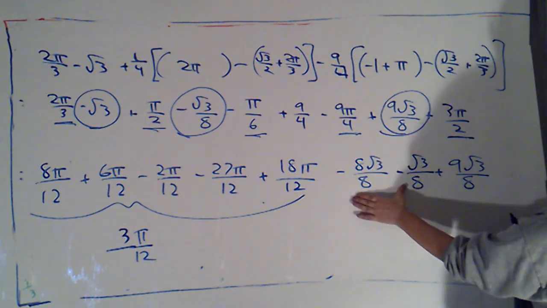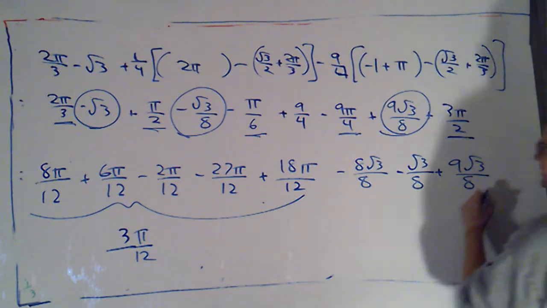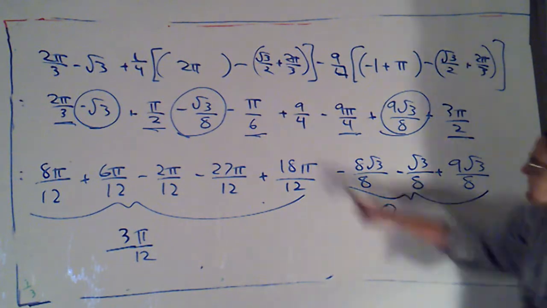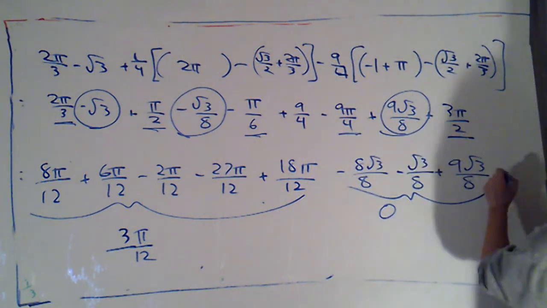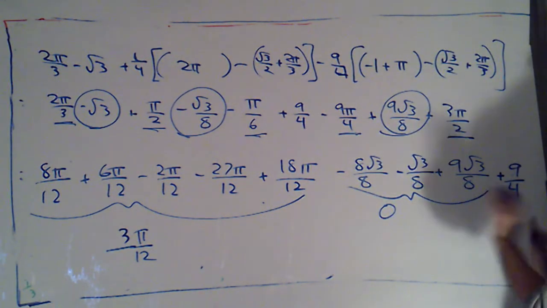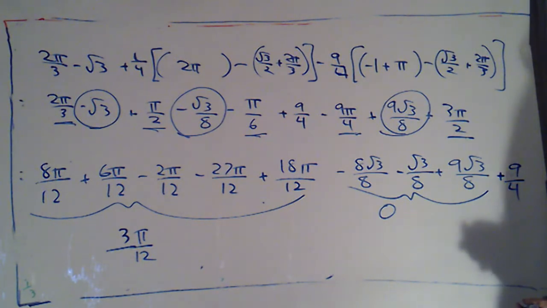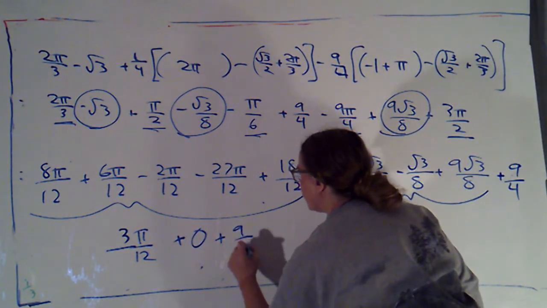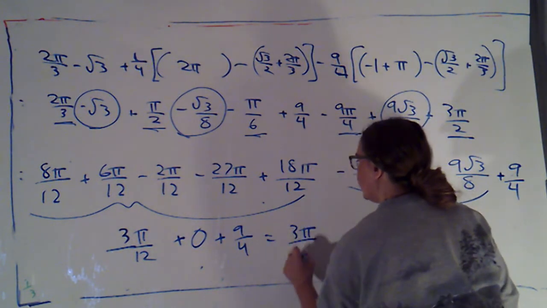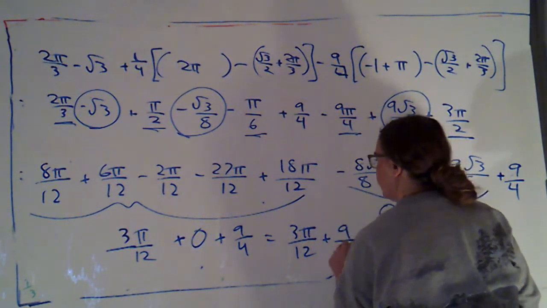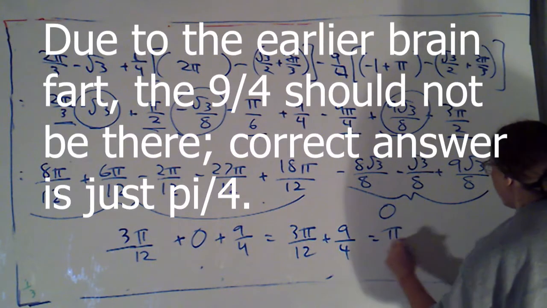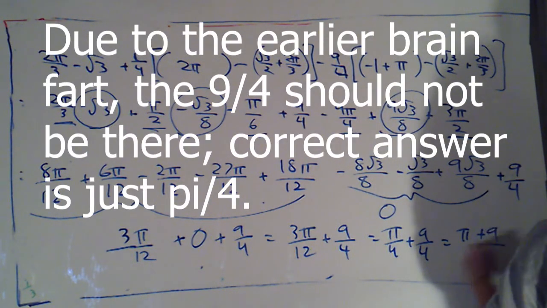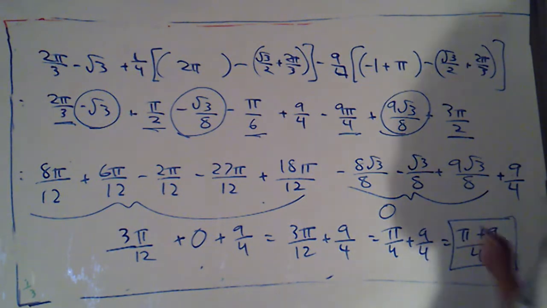That's minus 9 root 3 over 8 plus 9 root 3 over 8. That's going to be 0. And then I had this one more term of 9/4. All the other terms involved pi's or root 3's. So we're getting this plus 0 plus 9/4, which is 3 pi over 12 plus 9/4, which is pi over 4 plus 9/4, or if you prefer pi plus 9, all over 4.